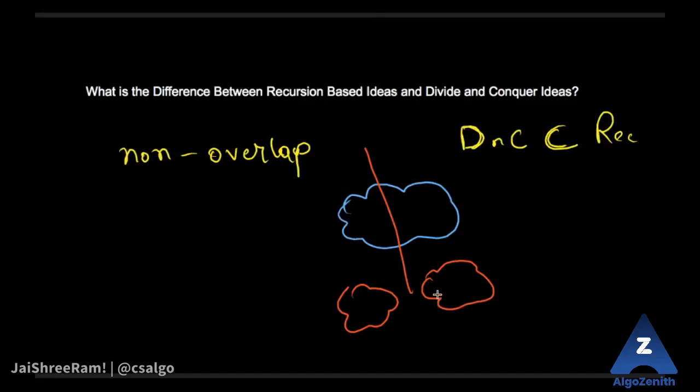So this is the whole idea: when you disjointly separate out the problem space into two parts and then recursively solve them, there is no chance of overlap. And can you find the solution of the original problem using non-overlapping subproblems? That's the main question. If you can, then DNC is good to go. You can use DNC to solve that problem.